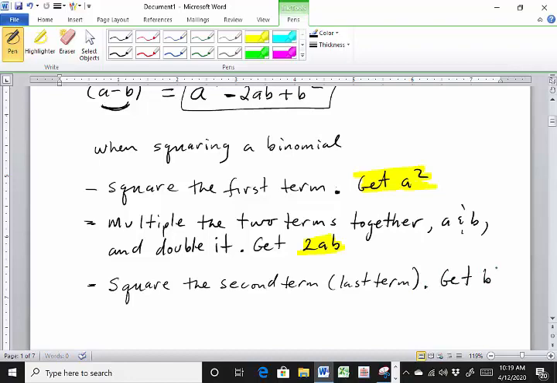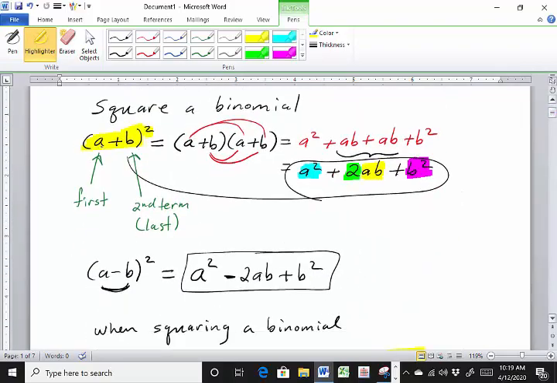You get b squared, all right? So the only thing that you have to realize is when it's a plus b squared, you're going to get plus 2ab. When it's a minus b squared, you're going to get the minus 2ab.